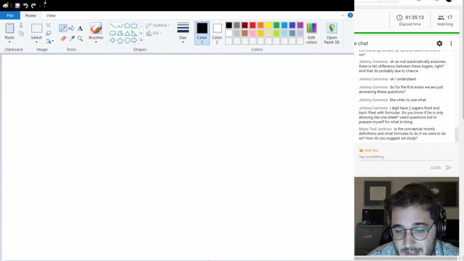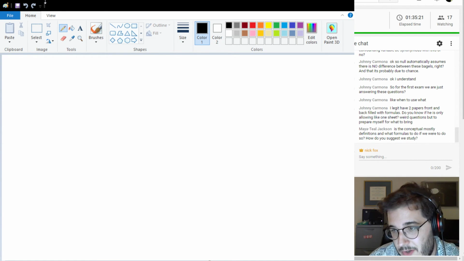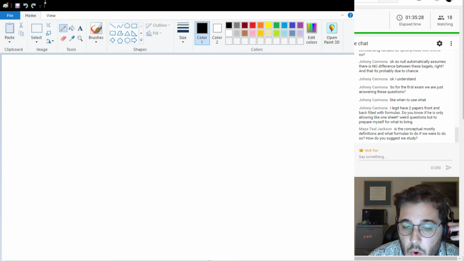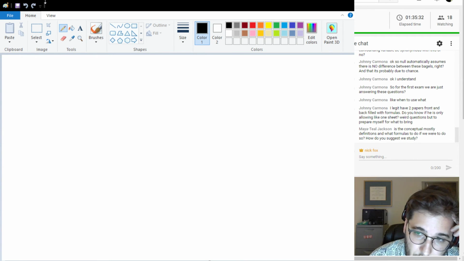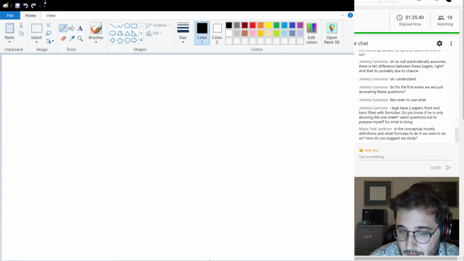But then I'll also ask you a question like the one that came up earlier: why does it get more difficult to reject the null when you change your alpha level from 0.05 to 0.01? Or if you were to change the amount of people in your samples in a 2-sample t-test, does it increase or decrease the probability of rejecting the null hypothesis?